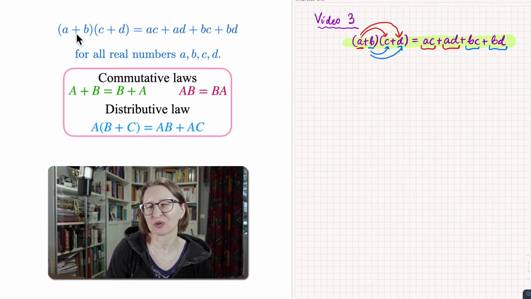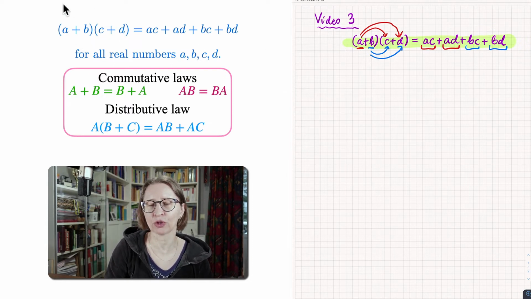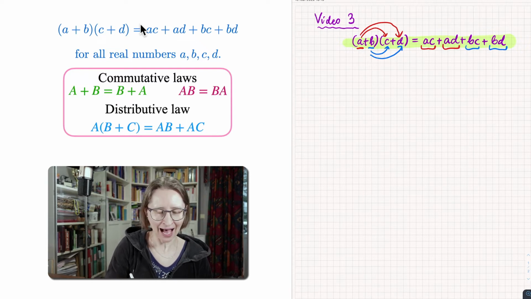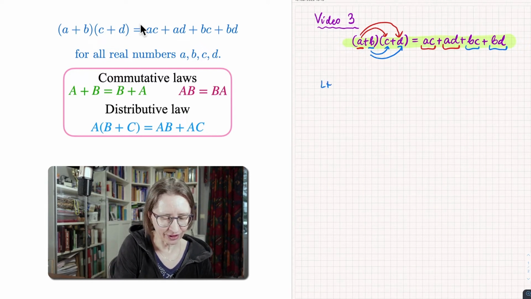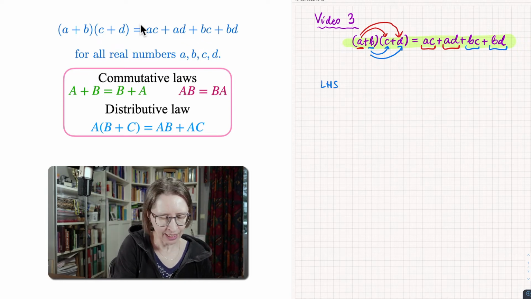Well, just because you can see that these don't need to be the same numbers as in the formula here. So how am I going to prove this formula? I will start at the left-hand side. This stands for left-hand side. Left-hand side is equal to (a + b) times (c + d).